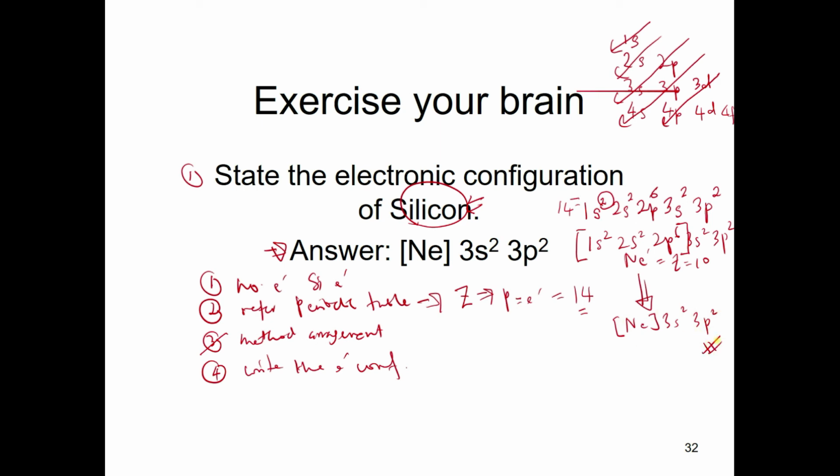But bear in mind, if your question asks for an ion instead of an atom, you have to identify whether the ion is a negative ion or a positive ion. When an atom receives electrons, it becomes a negative ion, but if it donates electrons, it becomes a positive ion.